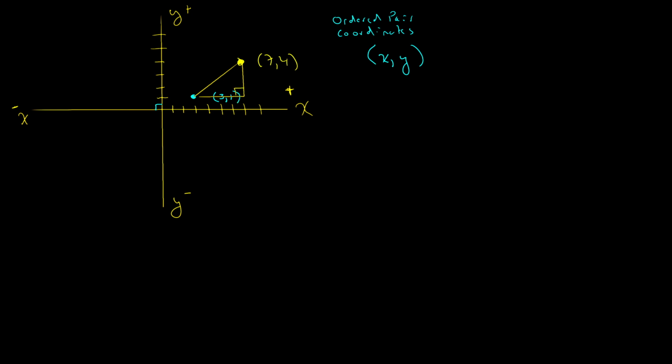And what we knew about right triangles from Pythagoras was the Pythagorean Theorem, the relationship between the two legs, the parts that make up the right angle, and the hypotenuse, what was opposite the right angle. The square of the hypotenuse was equal to the sum of the squares of the legs.